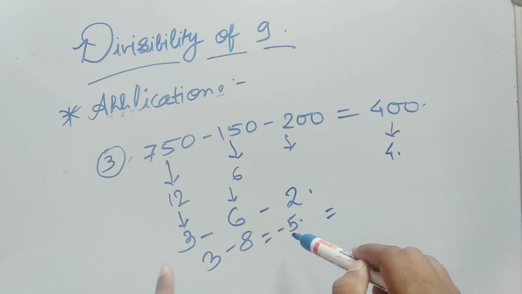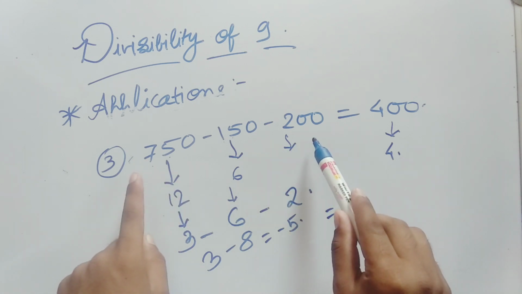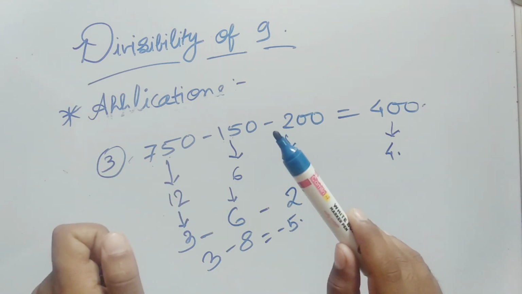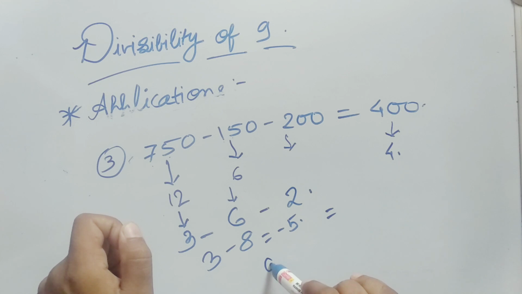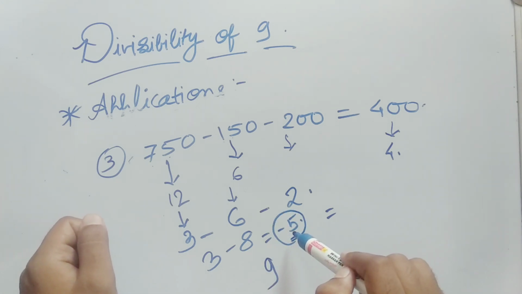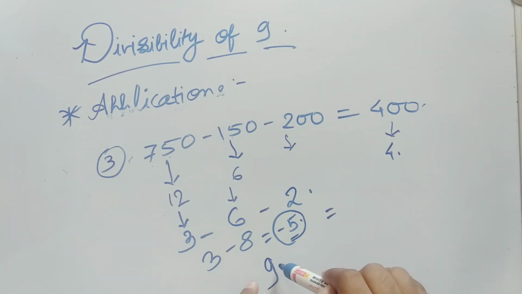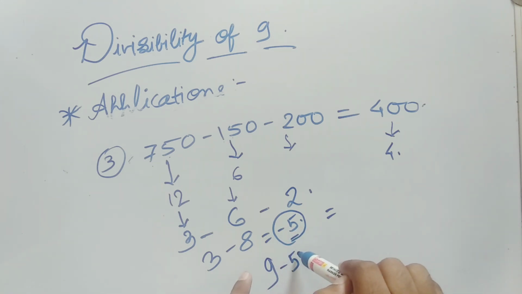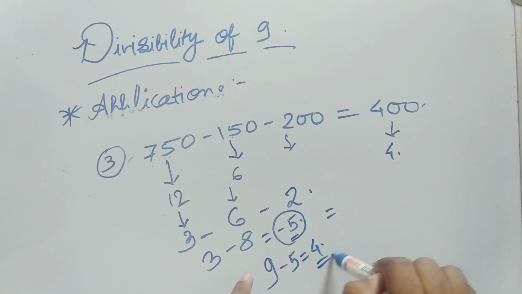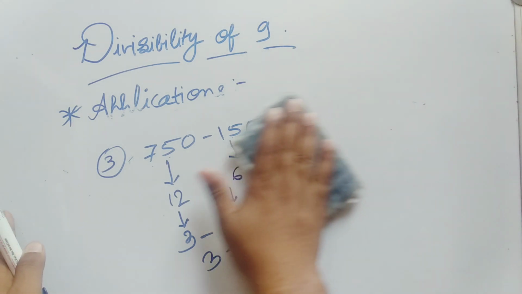But here comes the remainder theorem into the picture, which states that when any number or equation is divided by a divisor, here in this case the divisor is 9, and if we obtain a negative remainder, to obtain the equivalent positive remainder, just subtract the obtained remainder from the divisor. So that is 9 minus 5 will give positive 4. So now the LHS is equal to RHS. Now we'll look at one more example for multiplication.